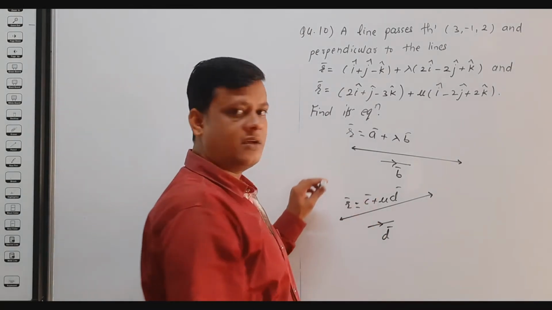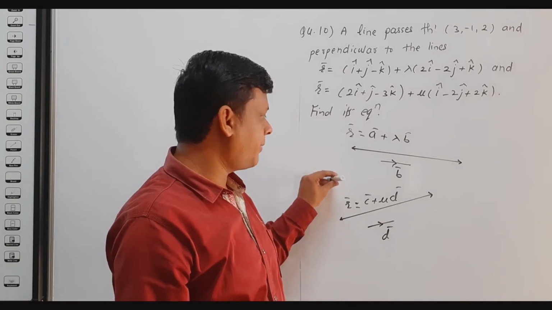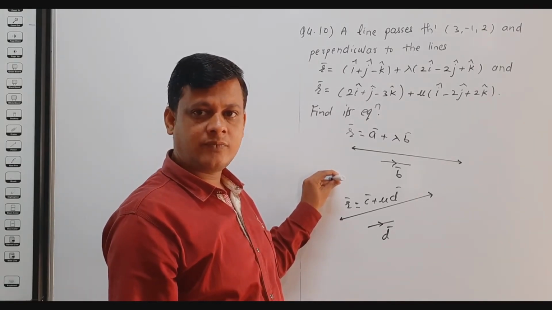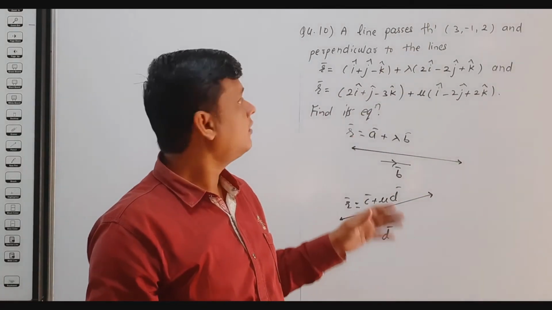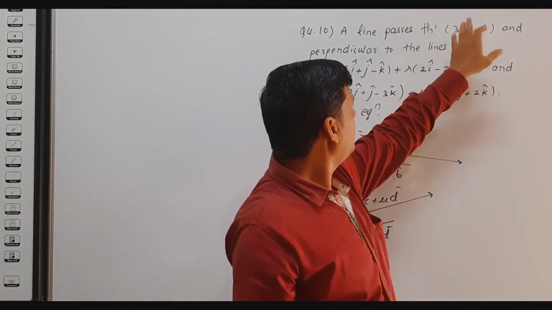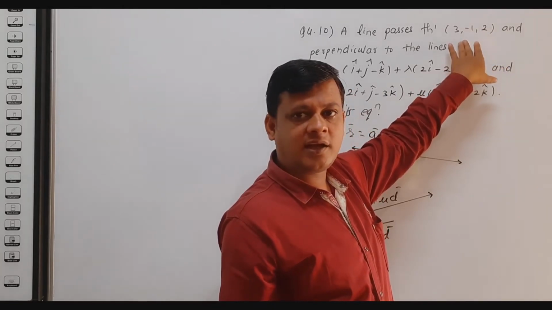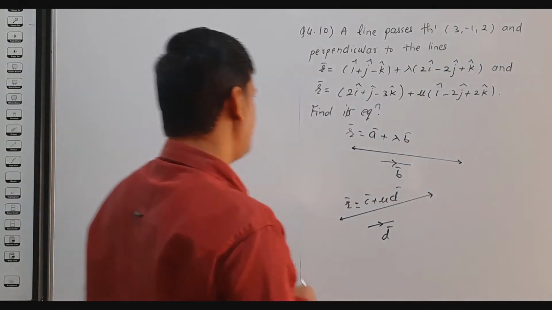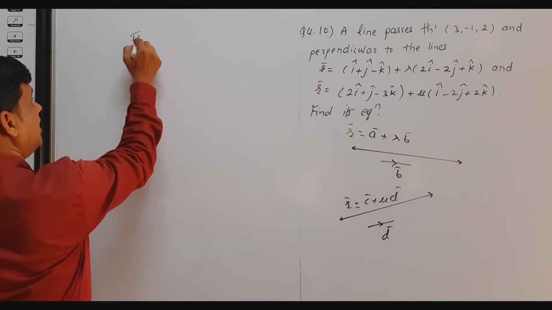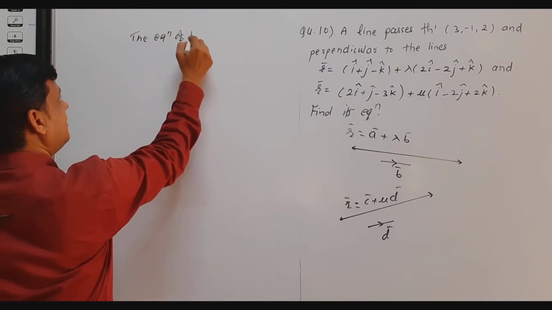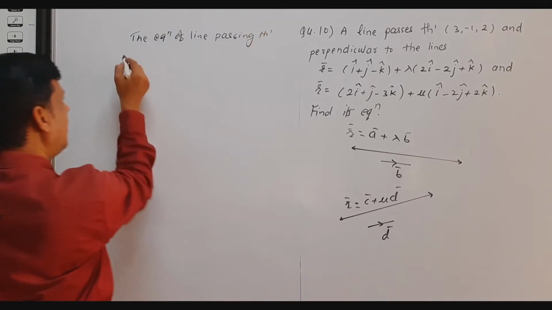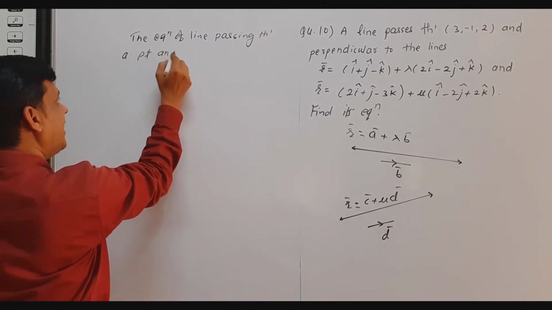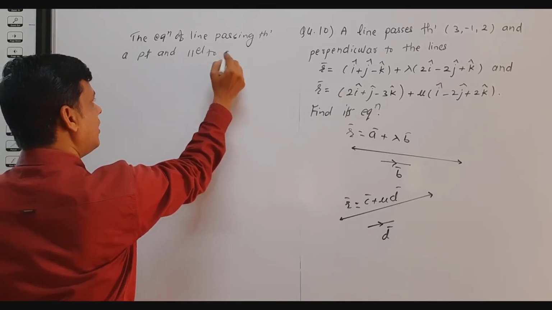That means that perpendicular vector and the required line are parallel. In the question, the point through which the required line passes is given, so we use the concept of the equation of a line passing through a point and parallel to a vector.